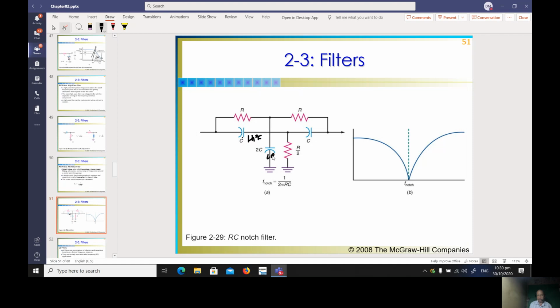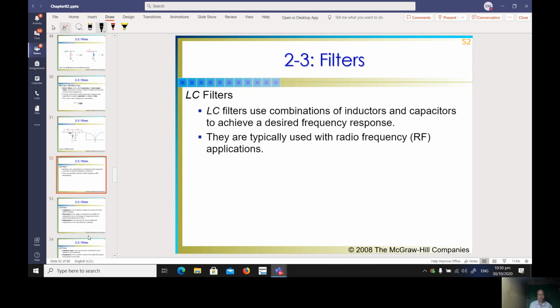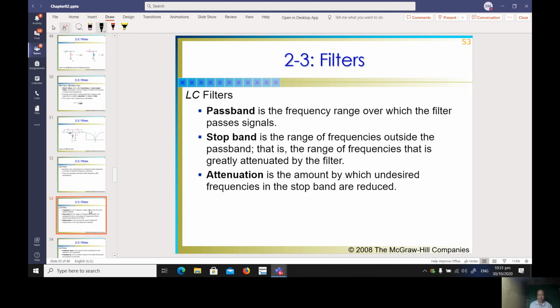Ito low pass. Ayan, yan yung band reject. Filters are used in combination with inductors to achieve the desired frequency. It's either you parallel them or interchange their positioning, the connectivity, and then you will have different designated purposes.